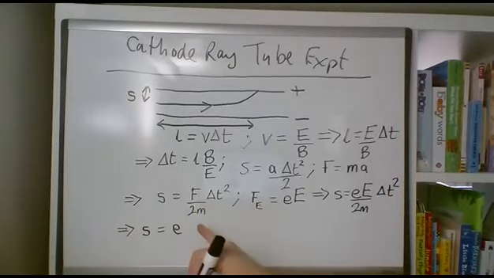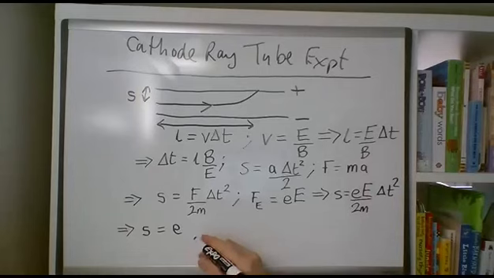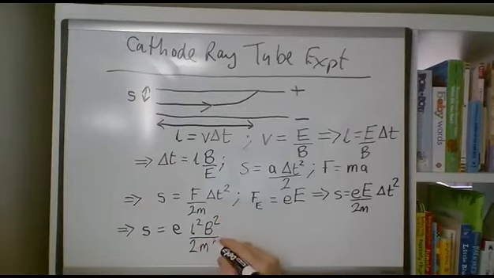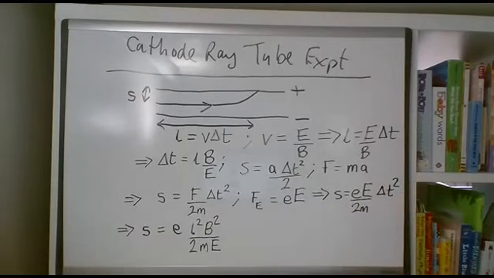So one of those E's will cancel the numerator E here, and we'll be left with one extra denominator E. So it's E L squared E squared over 2ME. If you take a second or two to do some plugging in of delta t into this equation, you'll quickly arrive at this equation.